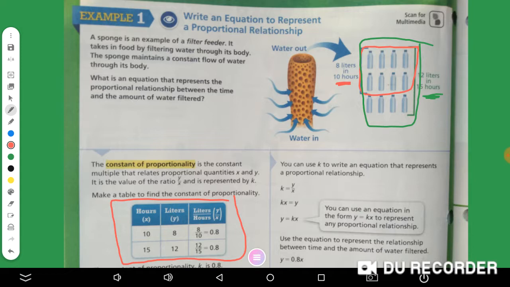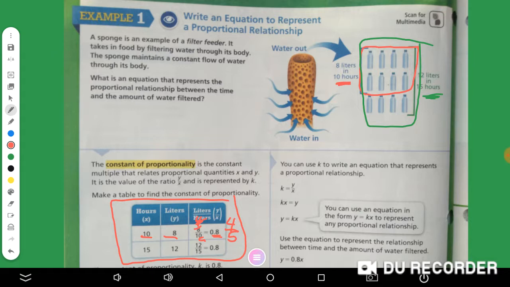So 8 divided by 10 equals, I can simplify by dividing by 2: 4 over 5, or 0.8 in decimal form.